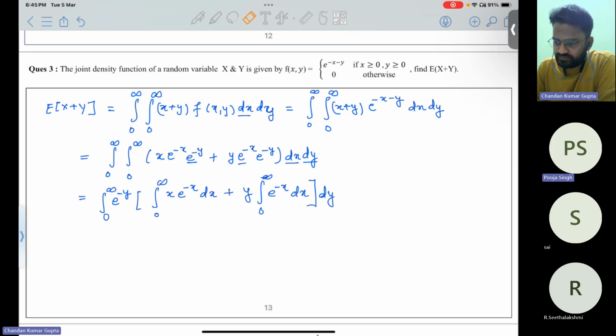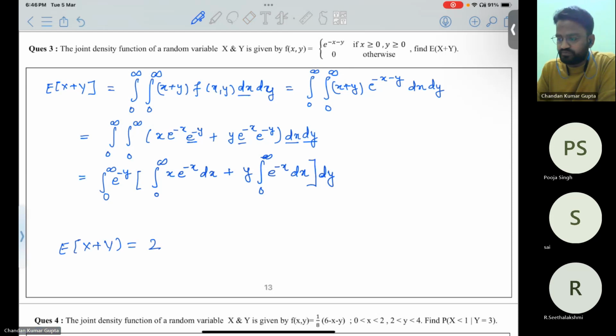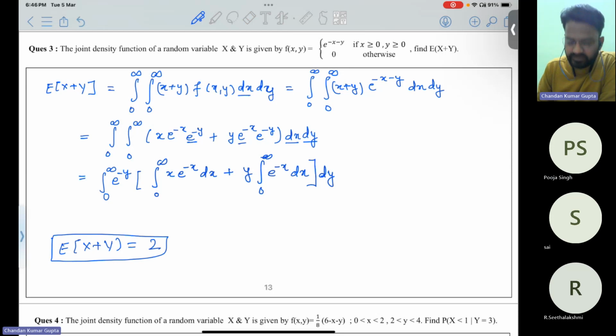And the answer comes out to be 2. Like, the expected value of x plus y is equal to 2. Can anyone confirm they have the same answer?